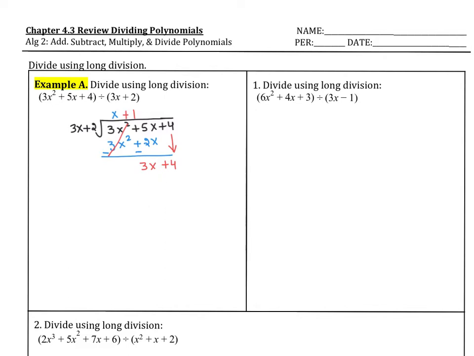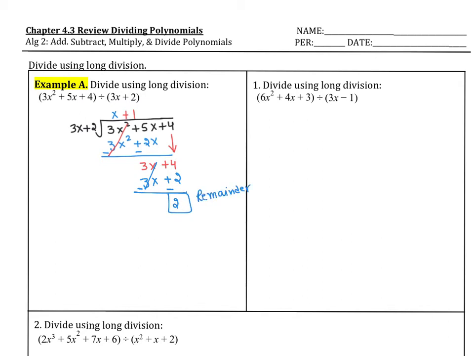That's going to be 3x plus 2. Change the sign. 3x and negative 3x cancel. 4 minus 2 is 2. So that's going to be our remainder.